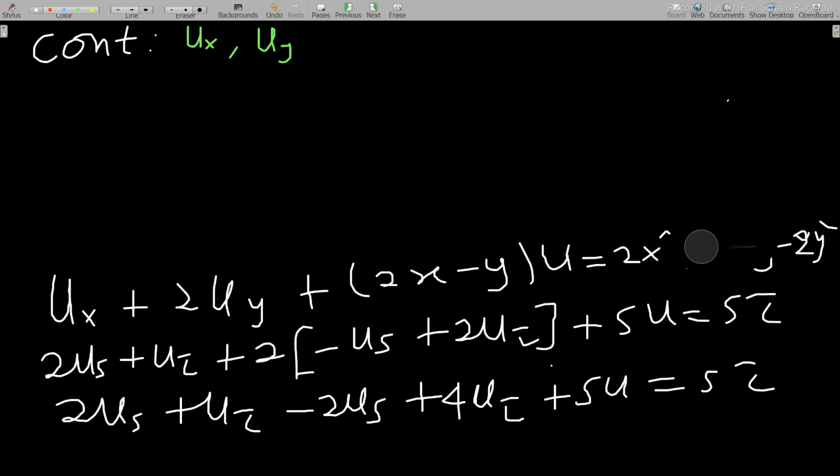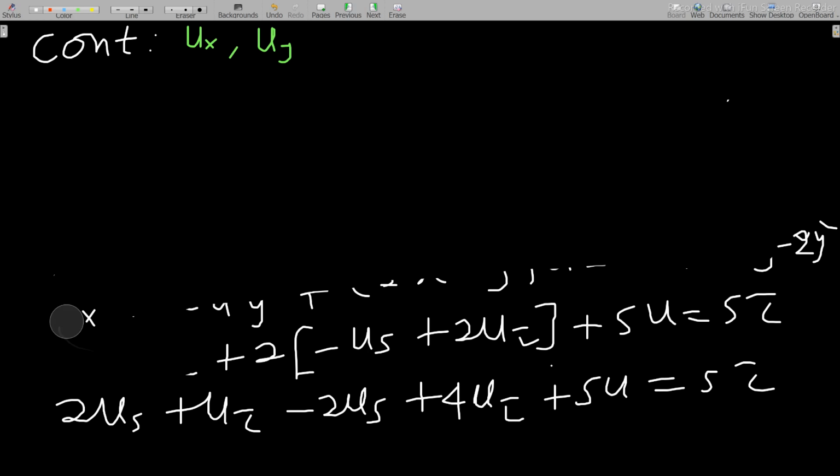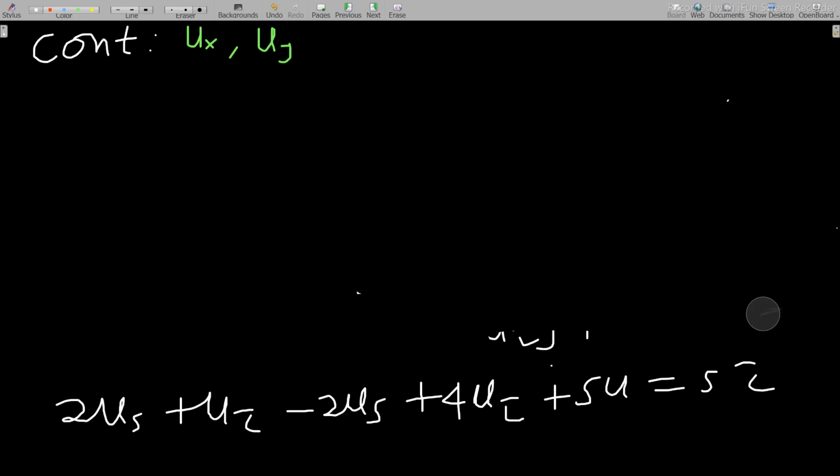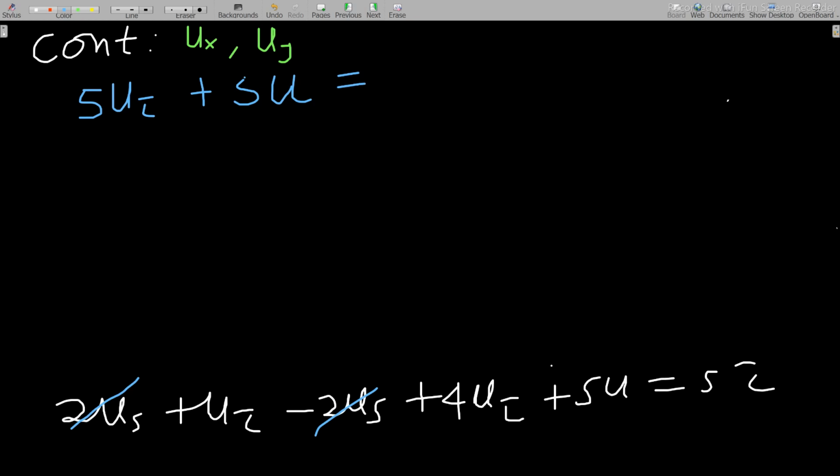Okay, one thing that you should note in PDE is that always you're trying to reduce the PDE to an ordinary differential equation form, so that we can use our ideas in ODE to solve. So quickly, this can cancel this, and I have u tau plus 4u tau, so I have 5u tau plus su, and this is equal to s tau.